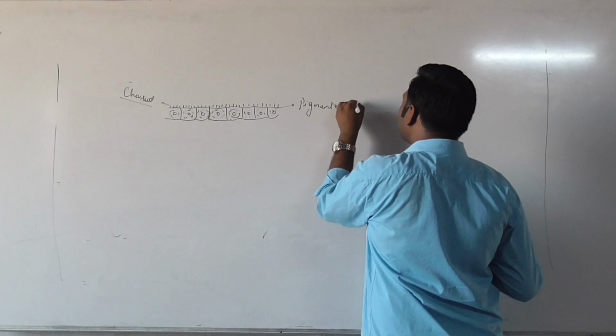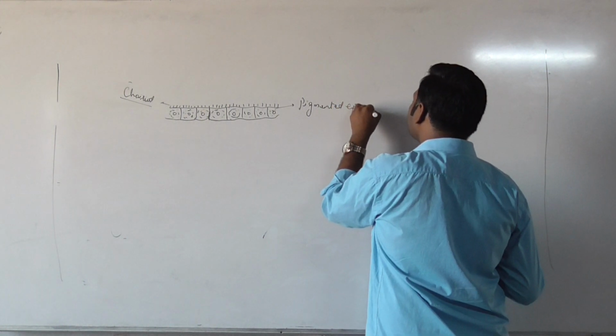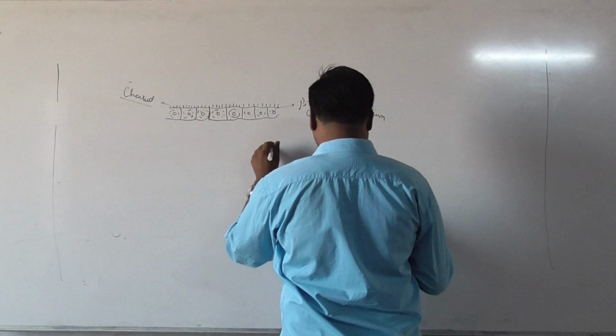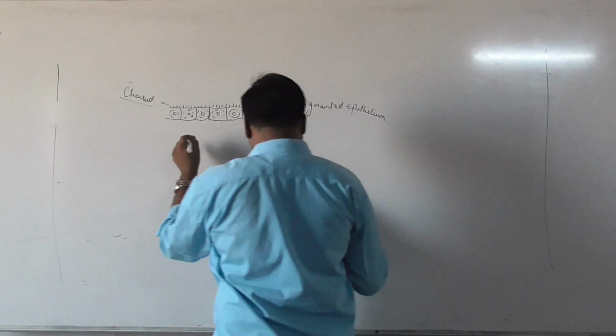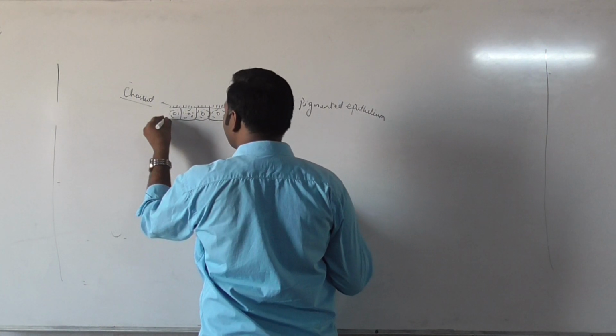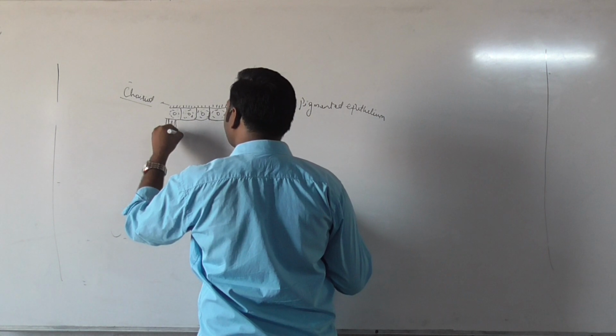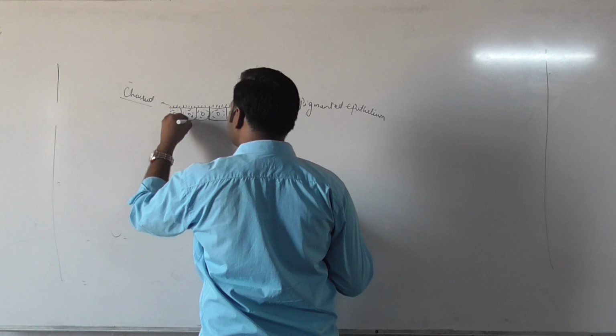Next to the pigmented epithelium, there are certain processes. There is a formation of certain processes. These are also referred to as the pigmented processes.